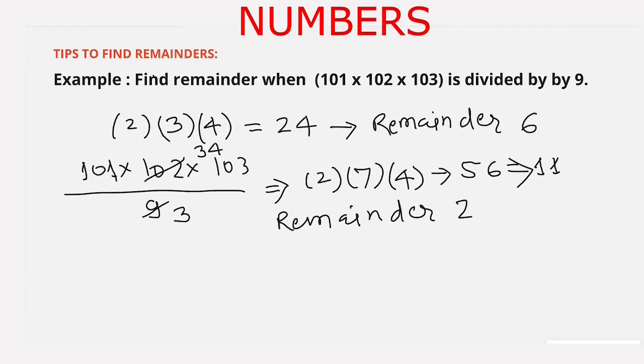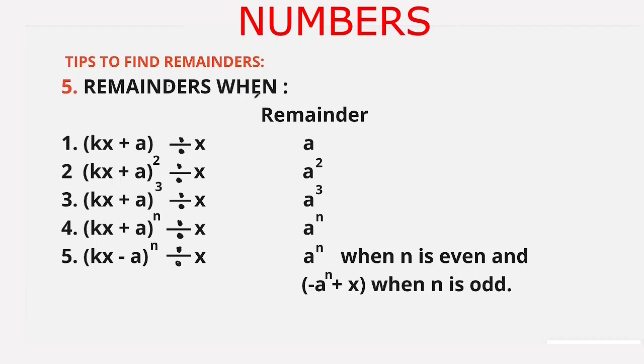I hope you have understood the care which we have to take in finding the remainder. Tip number 5. Remainders. Part 1: kx plus a when divided by x, the remainder will be a. Part 2: kx plus a whole square when divided by x, the remainder is a square. Part 3: kx plus a whole cube when divided by x, the remainder is a cube.